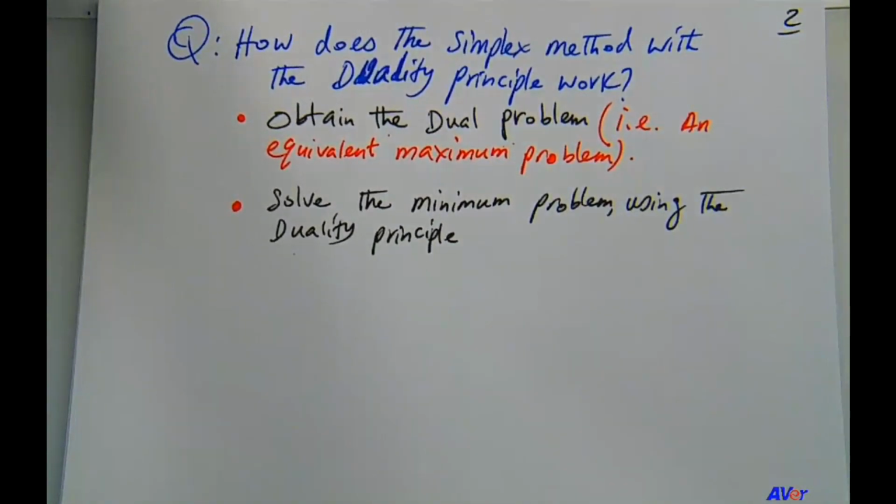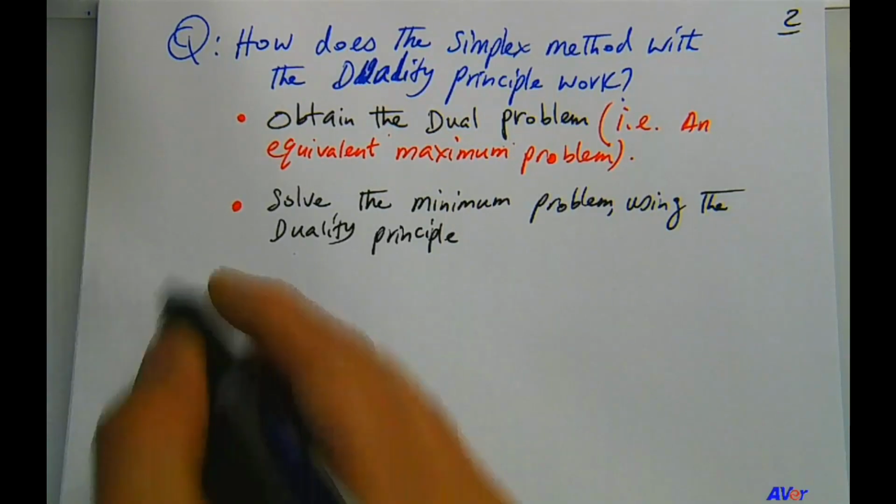I think it's a good idea to first talk about, because we talked about how the standard form of a maximum problem looks, it's a good idea to also see how the standard form of a minimum problem looks. Okay, so let's do that.